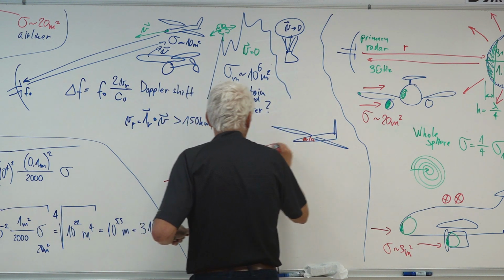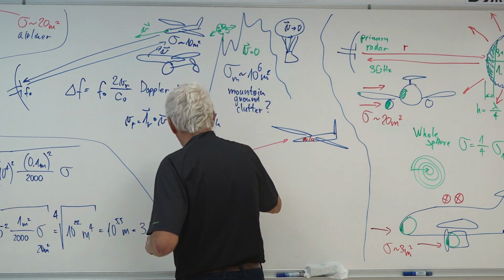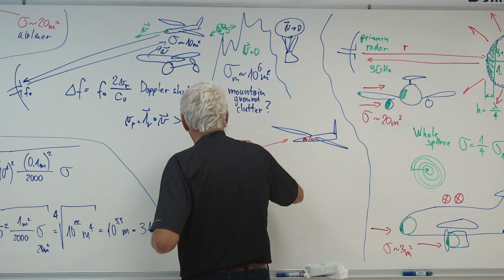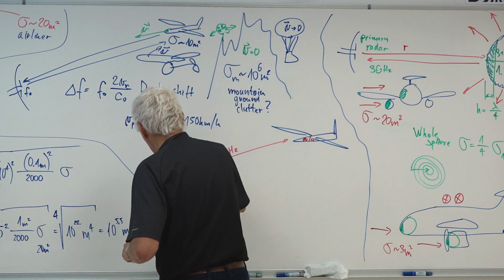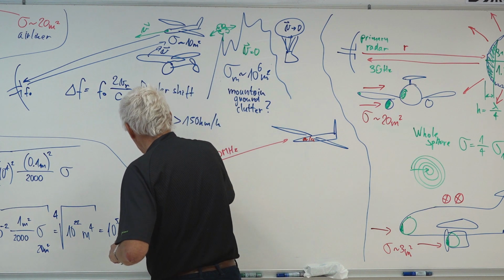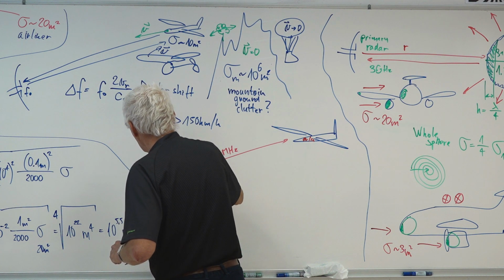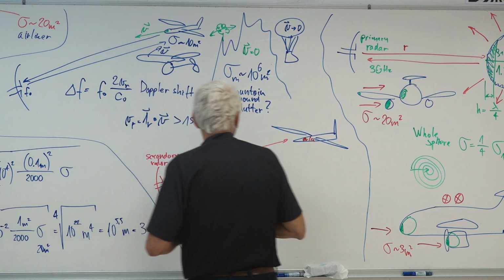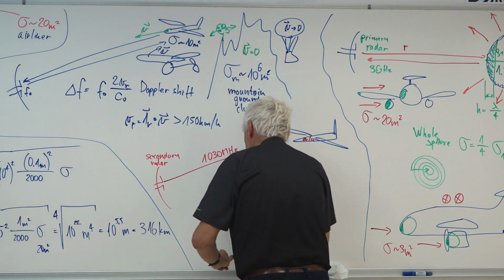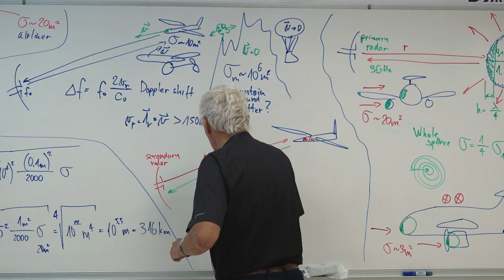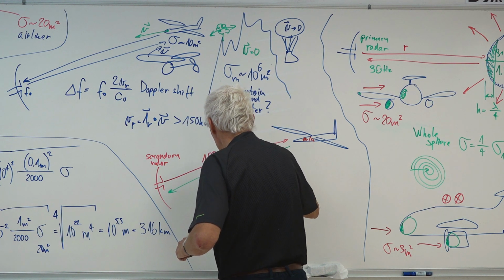So the radar actually gives a question at 130 megahertz from a secondary radar. And they get a reply from the aircraft at a different frequency at 1090 megahertz.